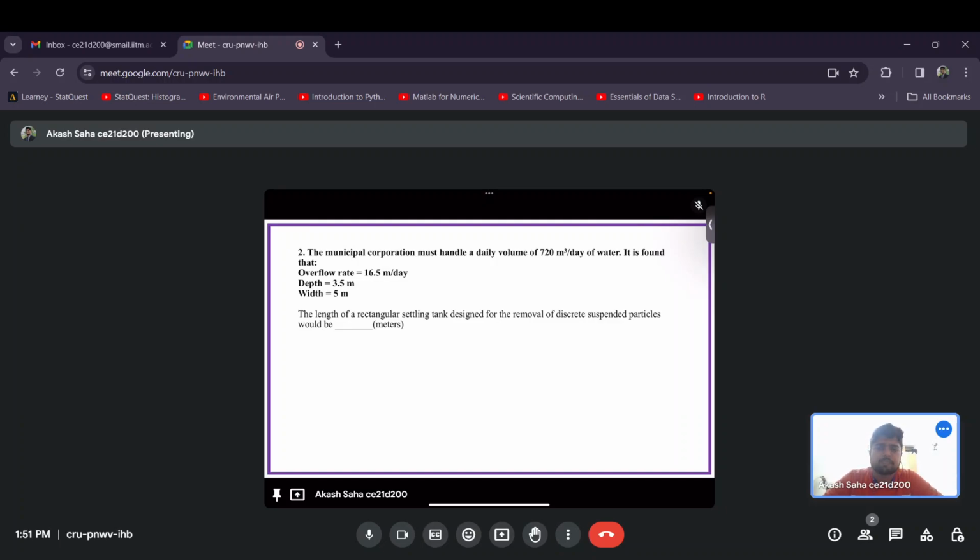So you have been given the discharge and the overflow rate. We also have the depth and the width, but we have to calculate the length of this rectangular settling tank, which will be focusing on the removal of the discrete suspended particles.